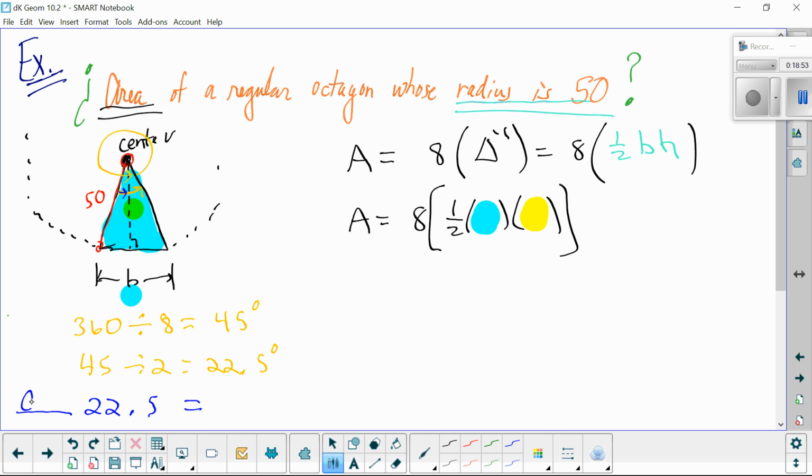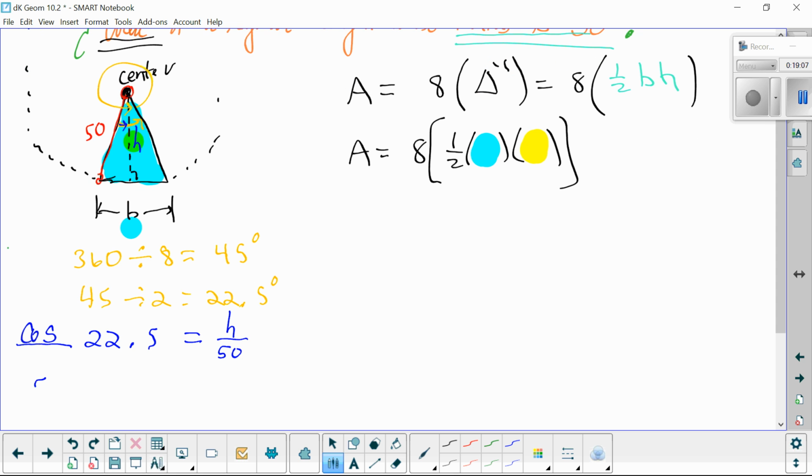That's cosine. So cosine of 22.5 degrees is equal to the height. You could also call that apothem, divided by the hypotenuse. Multiplying both sides by 50, 50 cosine of 22.5 degrees is equal to h. And we've got this part done.